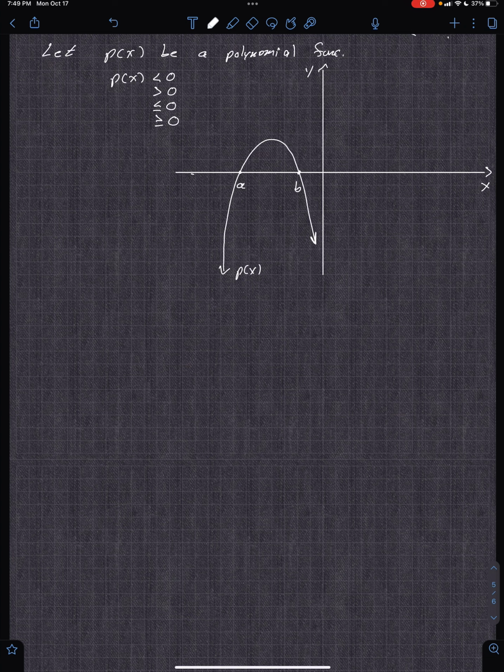Then for what values of x is it greater than 0? If this is p of x, we could ask that question: p of x greater than 0 for what values? Greater than 0 means it's above the x-axis.